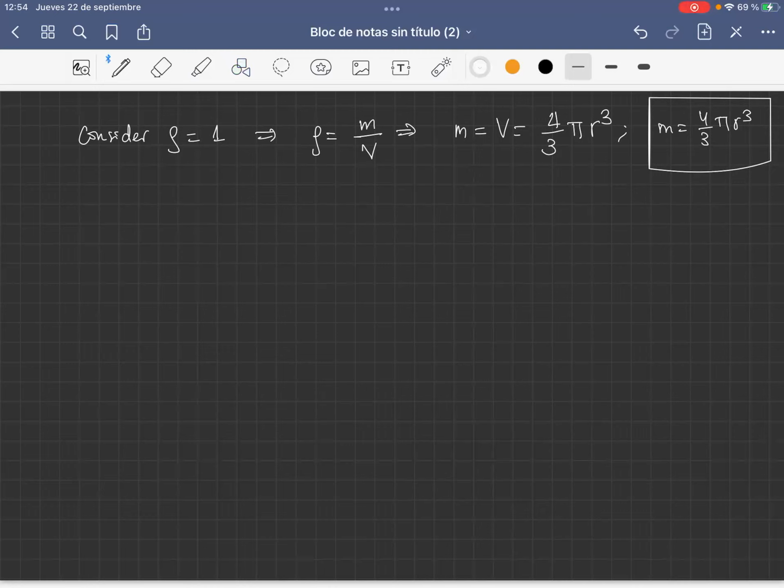The second thing is that we know that the variation of the mass is proportional to the surface of the drop. So what is the surface of the spherical volume? Well, the surface is 4 times pi radius squared. Okay, and this is a constant of proportionality.